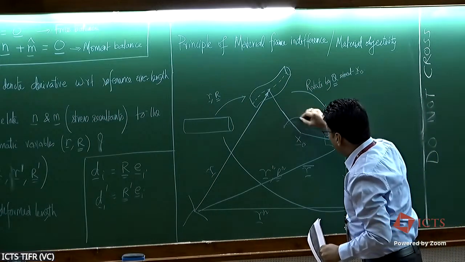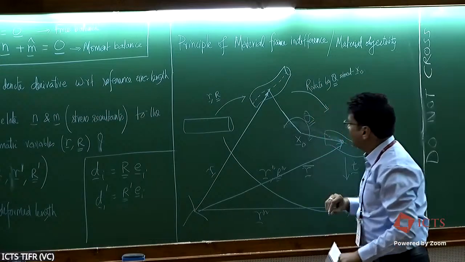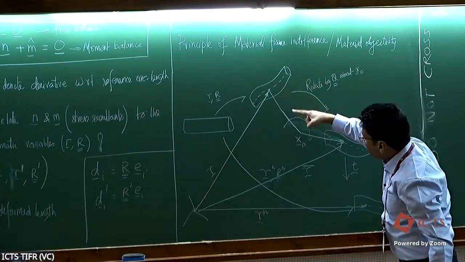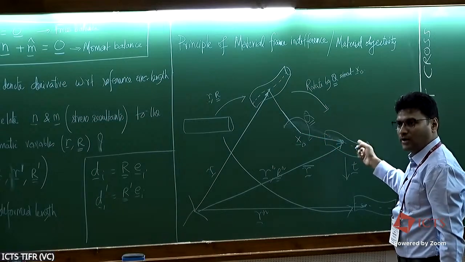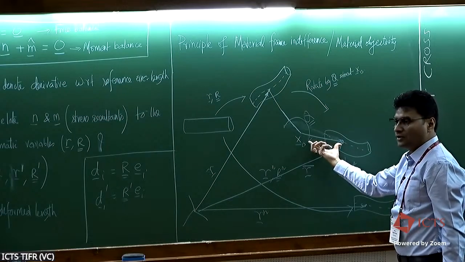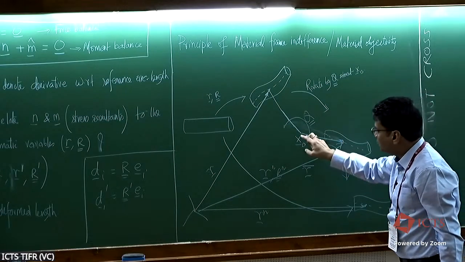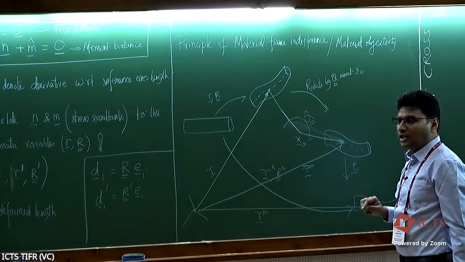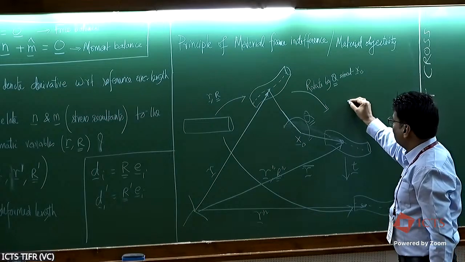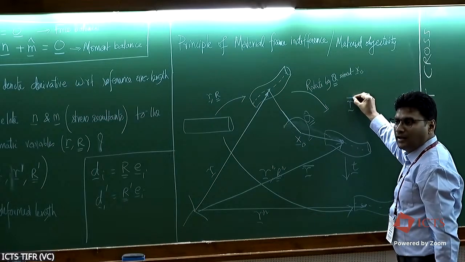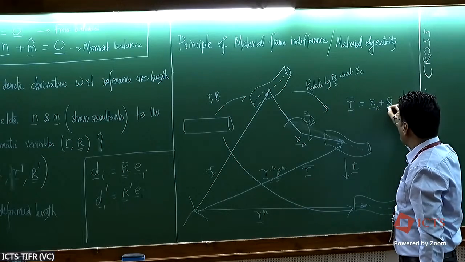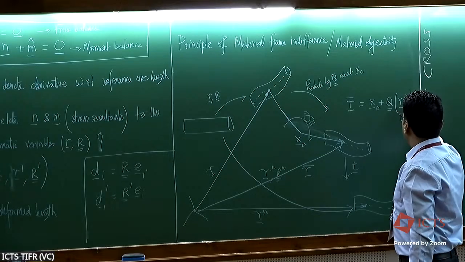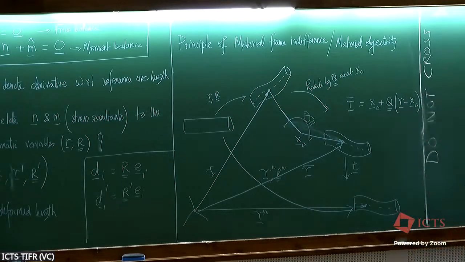So this rotation is happening through Q. So this is originally small r minus x naught, which is going to become Q times small r minus x naught. Add to it your x naught. That will give you final r bar. So r bar is equal to x naught plus Q times small r minus x naught. Okay, so that's how you get r bar.